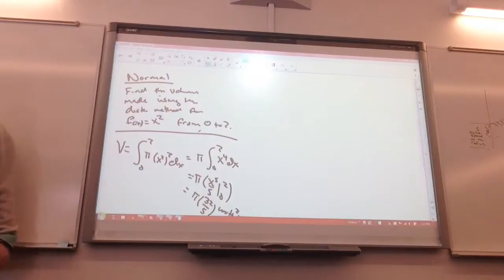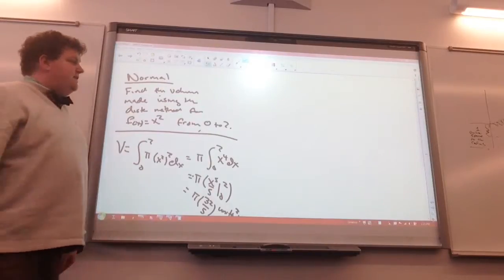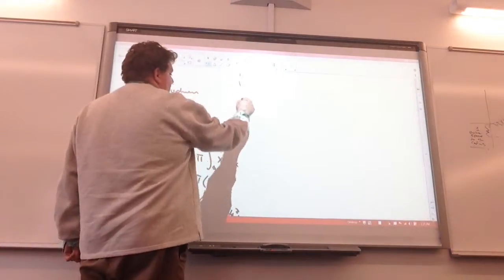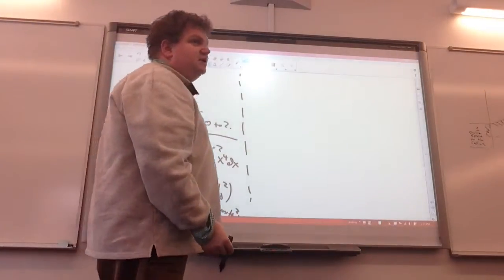There are variations, and the first variation is to spin the area around some other horizontal line.